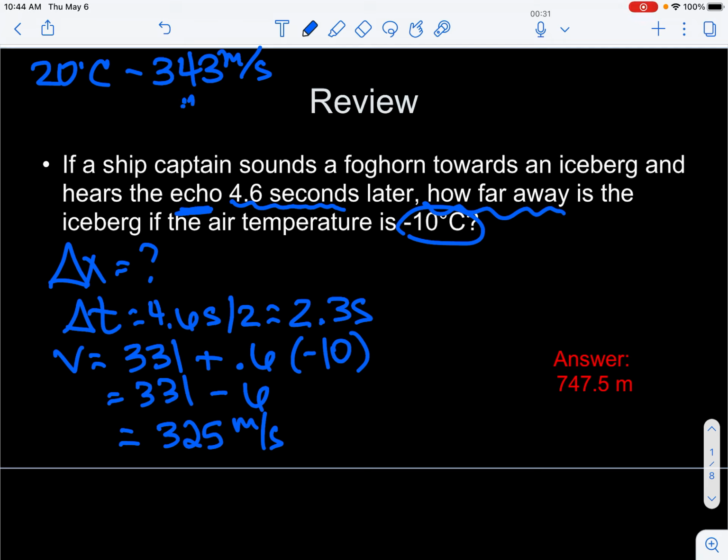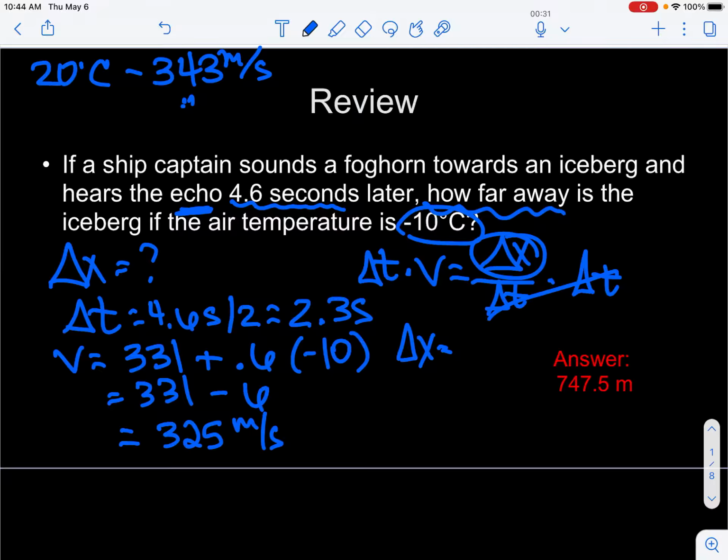All right, so now that we have all of our variables, we can go ahead and solve for our displacement. So we know that velocity is equal to delta x, our displacement, over delta t. Well, we're solving for delta x, so we want to get rid of delta t. So we are going to multiply it on both sides. So delta x is equal to our velocity times our delta t.